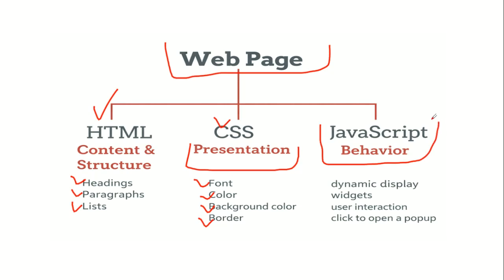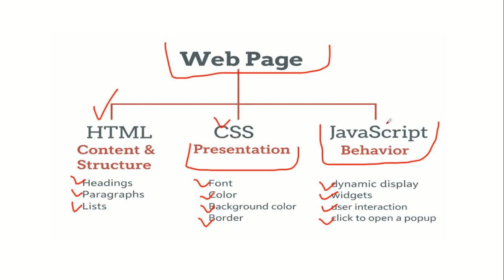JavaScript is used to represent the dynamic behavior of web pages. What is dynamic behavior? I can use dynamic display, we can create widgets, user interaction happens in JavaScript, and clicking to open a pop-up also happens in JavaScript. This is why we call it dynamic behavior for web pages.